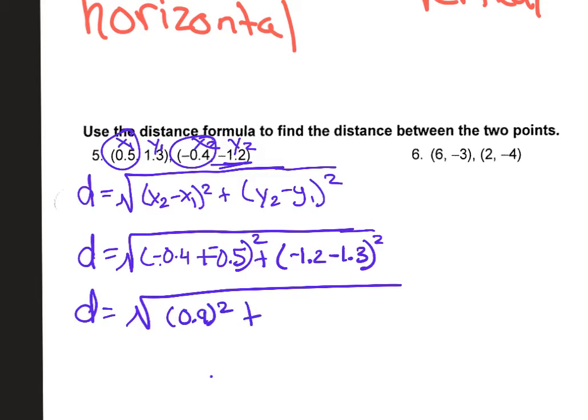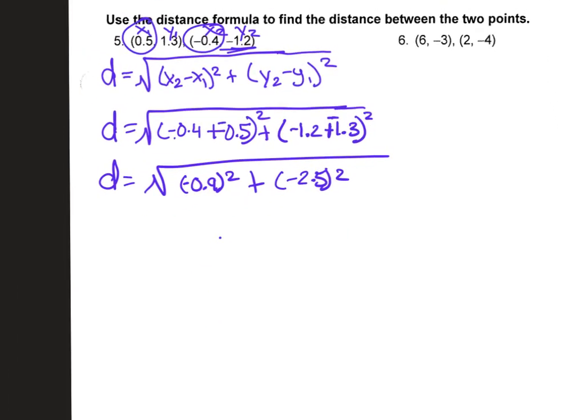Plus, this is going to be like plus a negative 2. Negative 1, this is still negative. Negative 1.2 plus negative 1.3, which will be negative 2.5, and I'm going to square that. Okay. So when I square those values, it's going to get rid of the negative sign.